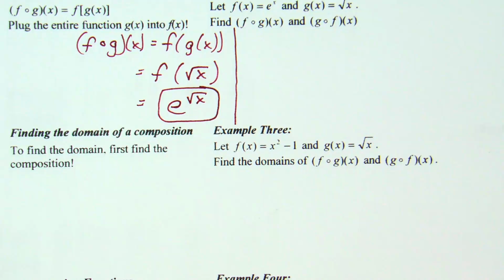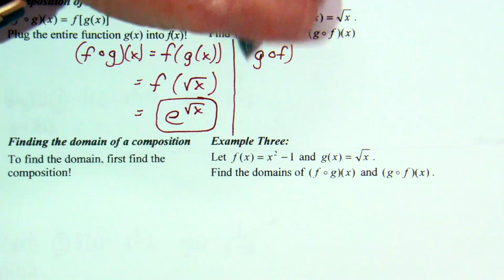Okay, that was f of g. We're also being asked to find g of f. So g composed with f of x, or if I write this out, it's g of f of x.